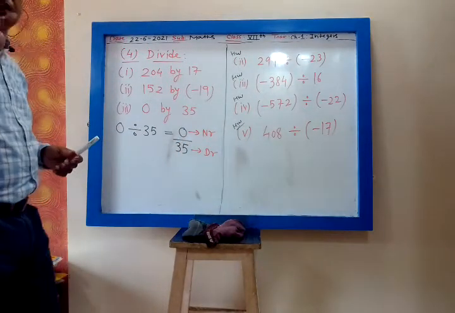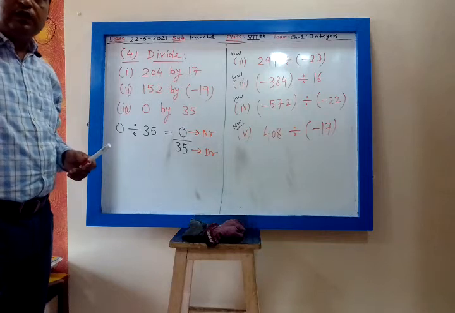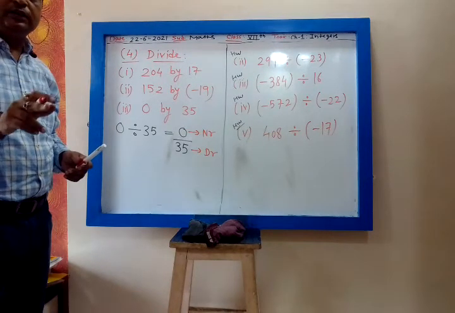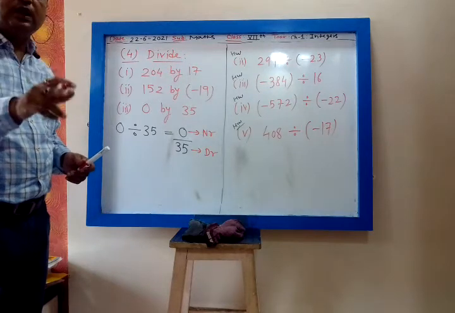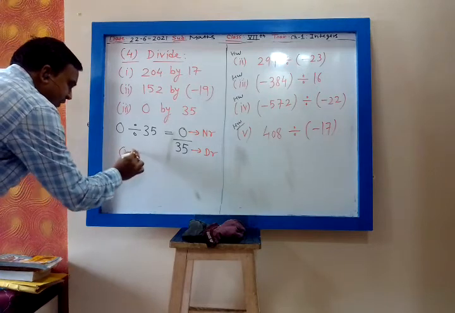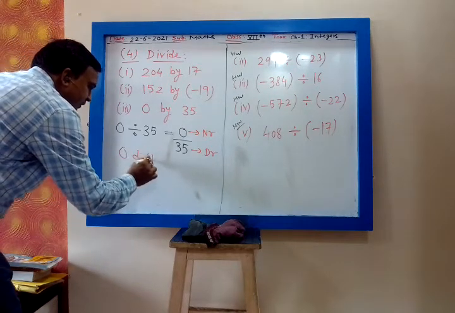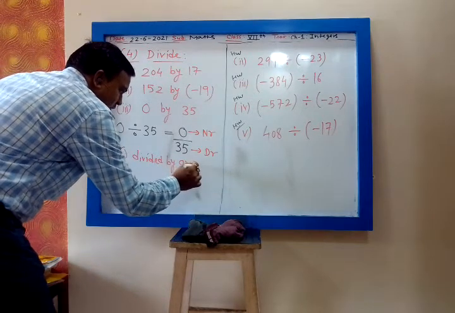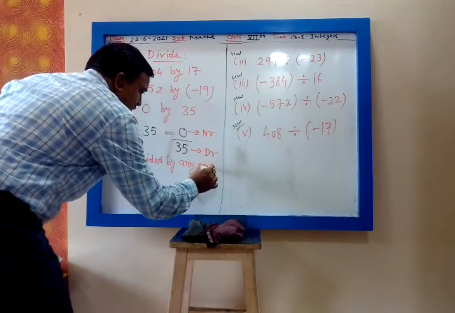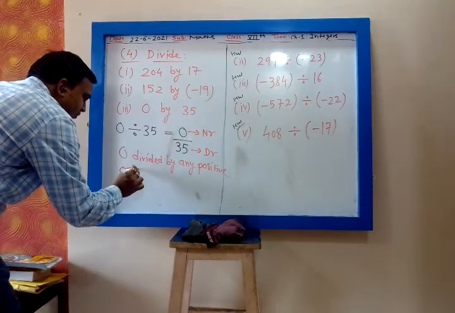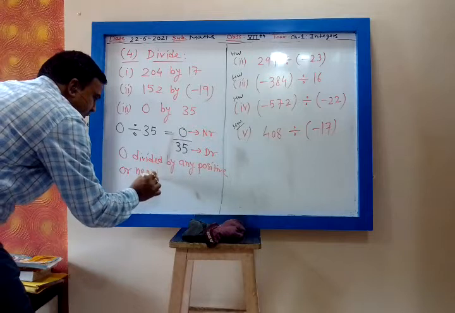Now this result you remember. Whenever the numerator is 0, the whole answer becomes 0. So 0 divided by any positive or negative number is 0.